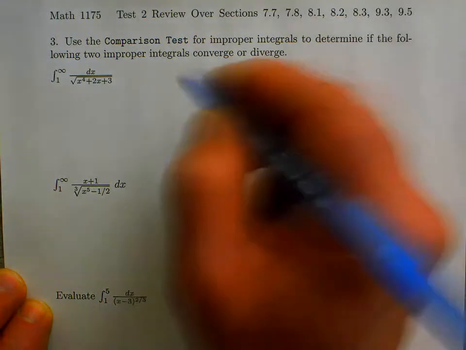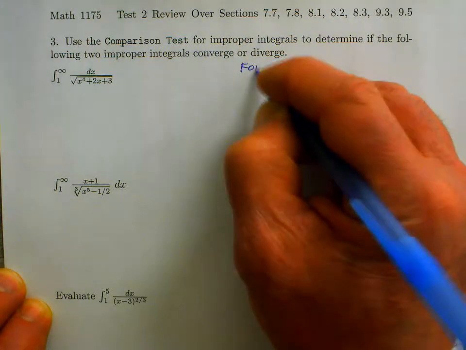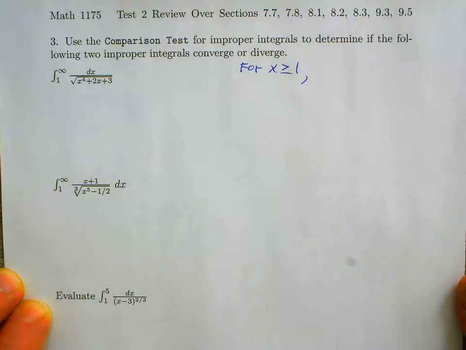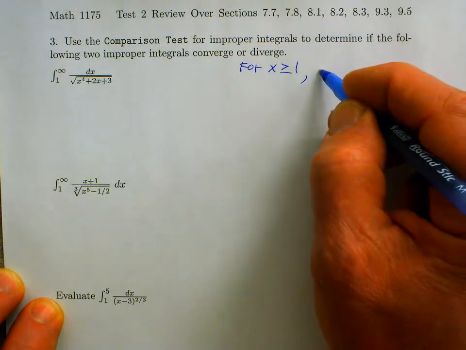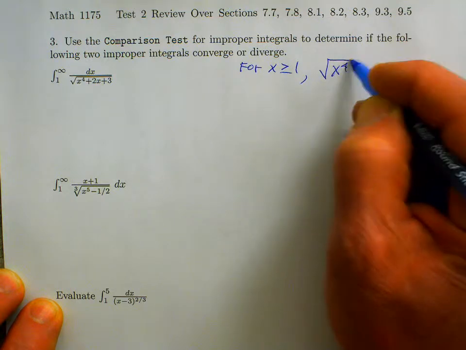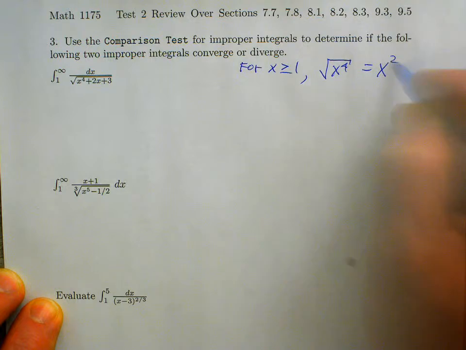So how about this? For values of x greater than or equal to 1, the square root of x to the 4th equals x to the 2nd.